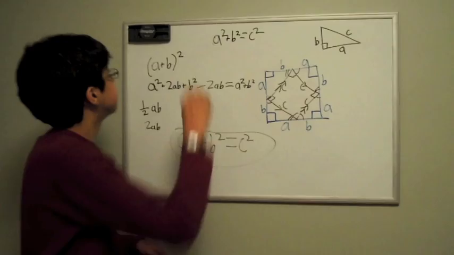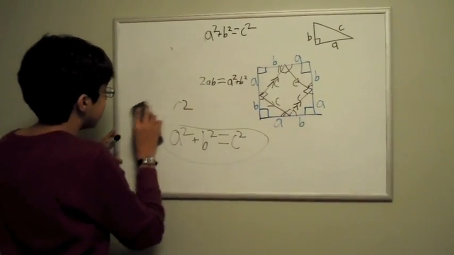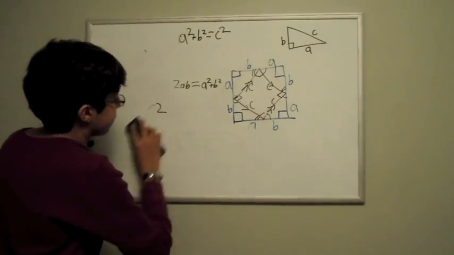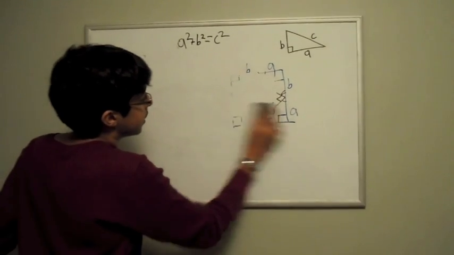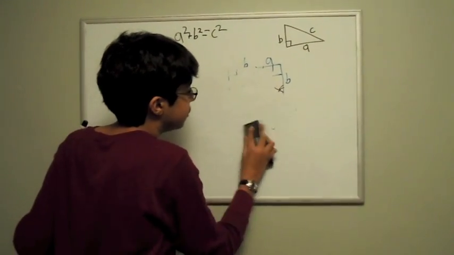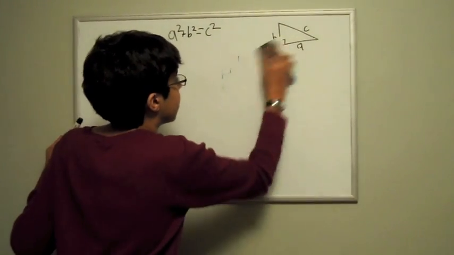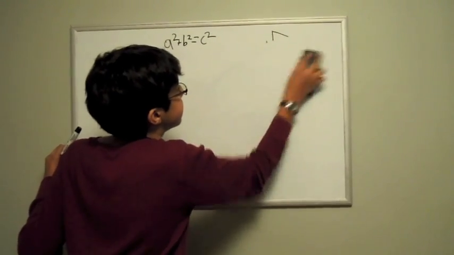Next, the proof I'll show you is one involving a right triangle whose 2 other angles are both 45 degrees.